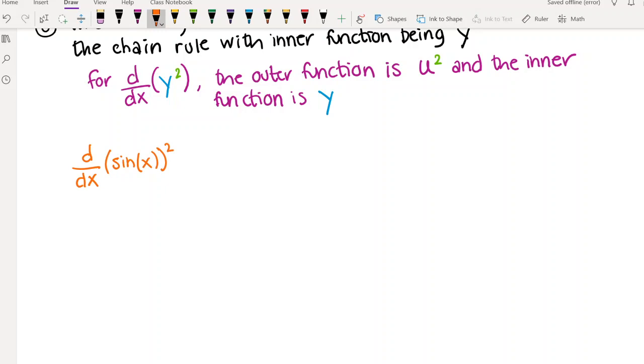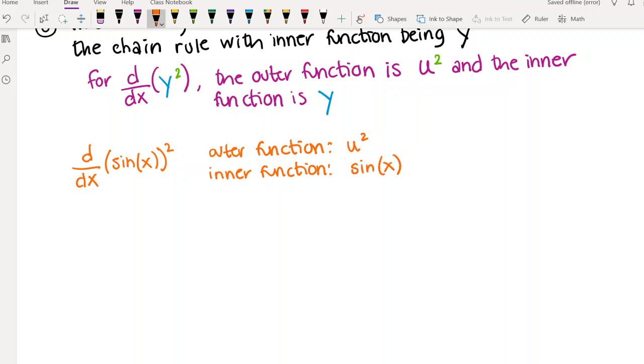That's usually written as sine squared of x, but I'm just writing it like this. So for the derivative of sine of x squared, the outer function would be u squared, right? Because it's the function where you're taking something and squaring it. And then the inner function would be sine of x.